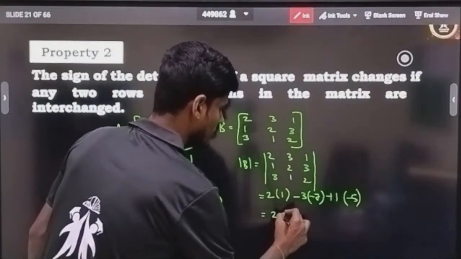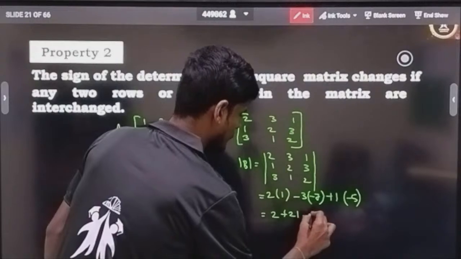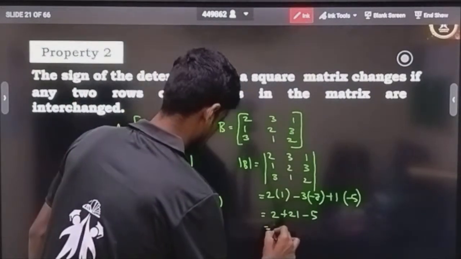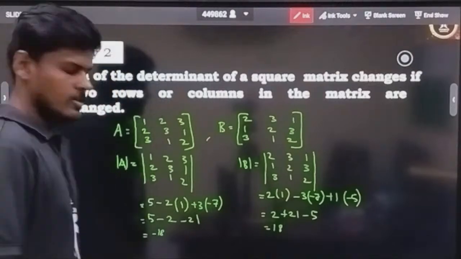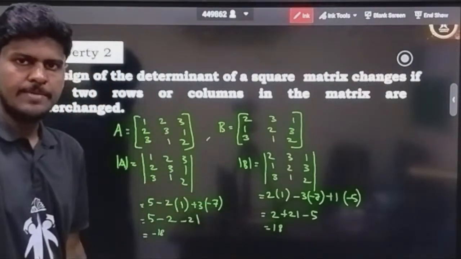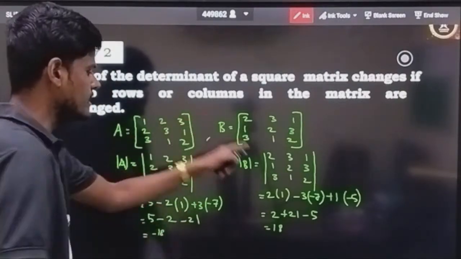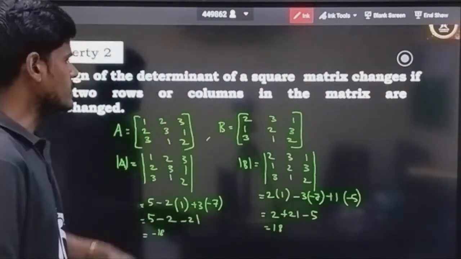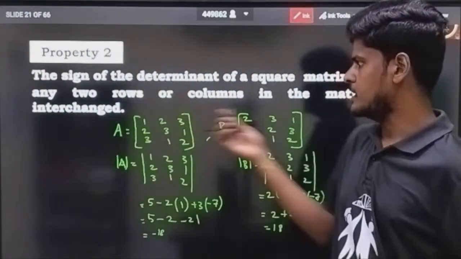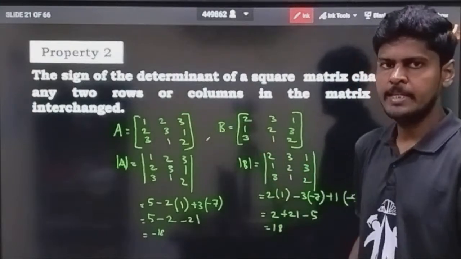This is 2 plus 21 minus 5. So final answer is 18. When we observe these two determinants, the magnitude is same but sign is opposite. So what does that mean? Determinant A is negative of determinant B. That means when we interchange any two rows or columns of a determinant, its value will get negated. That is the second property.